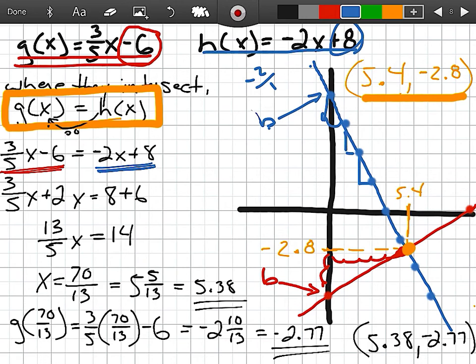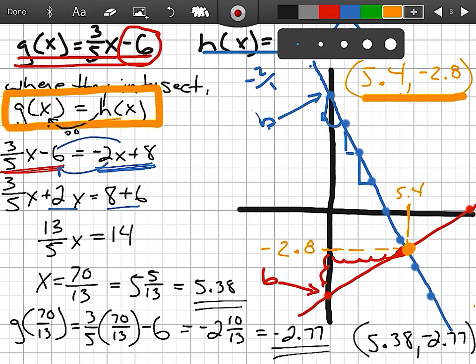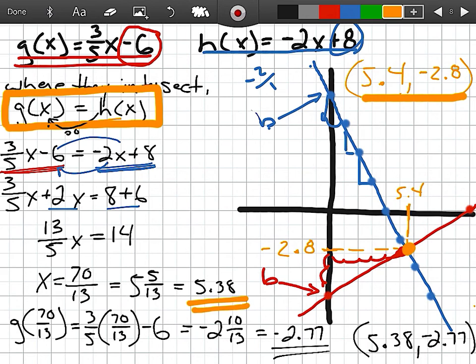Simple algebra, I'm going to move my 6 over, and I'm going to get 8 plus 6. And then I'm going to move my -2x over and get a positive 2x. So in the end, my x becomes 5.38, which is really close to my estimated 5.4.